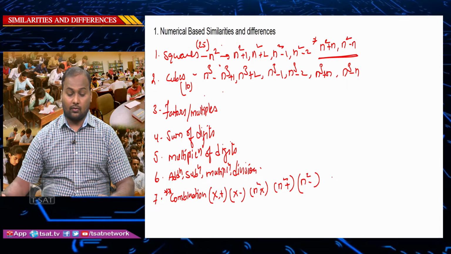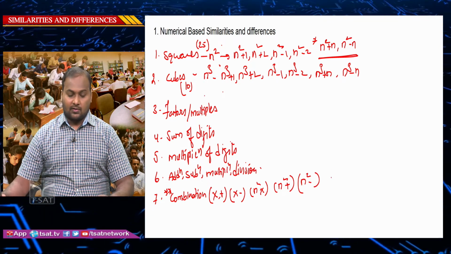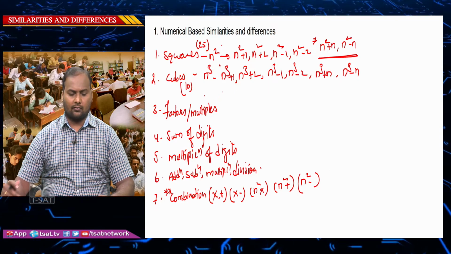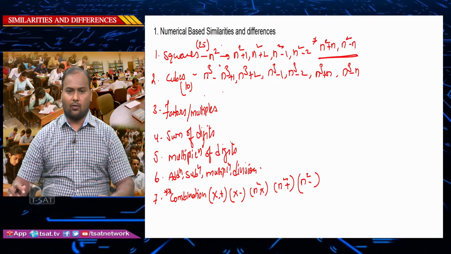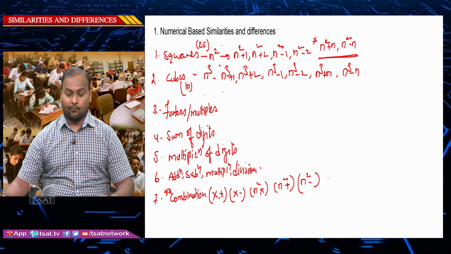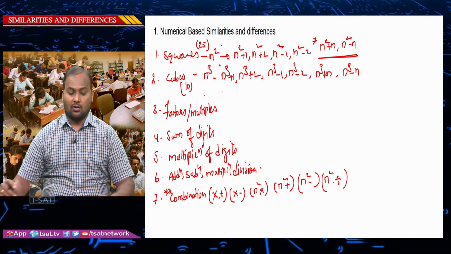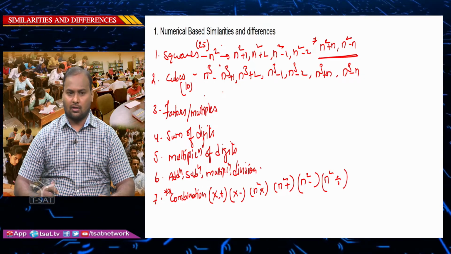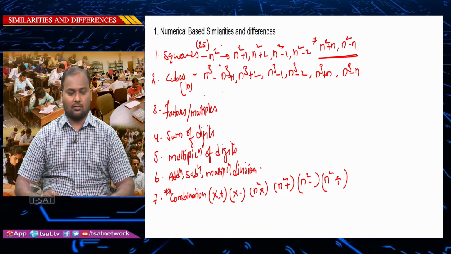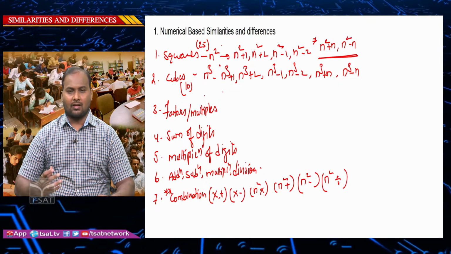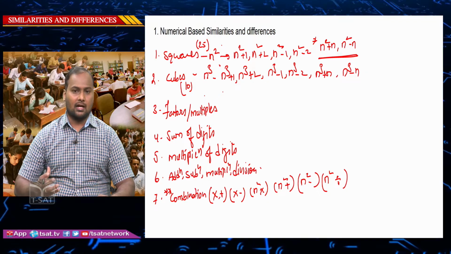There will also be additions and subtractions together, so he will add 6 and subtract 2. A combination of squares and divisions is also possible. Like this, various combinations are possible. That is the reason the combination becomes very important, because we can create as many questions as possible with the combination type.